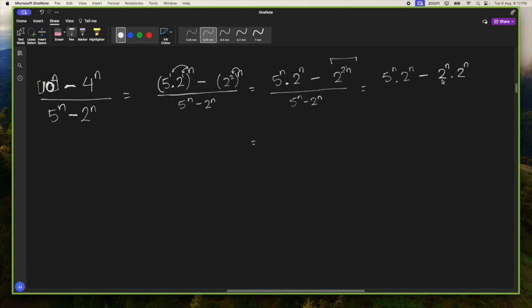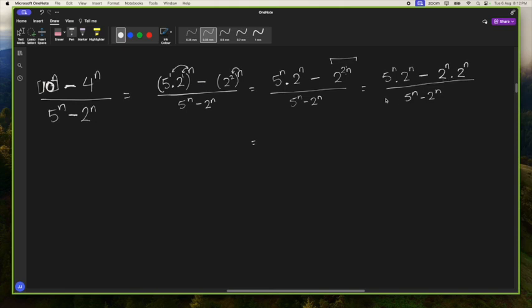Because when you multiply the same number, you just have to add the indices, right? So n plus n is 2n. Yeah? You following, Adi? Yeah, I'm following, sir. All right. So n plus n is 2n.